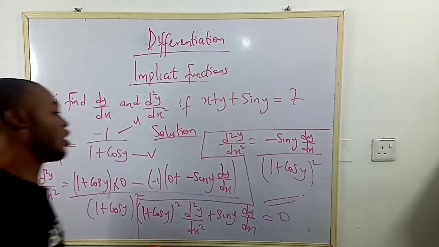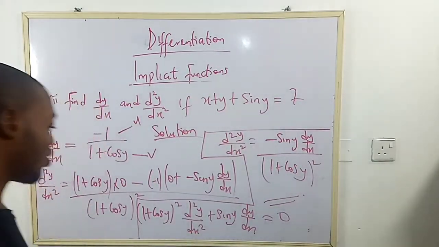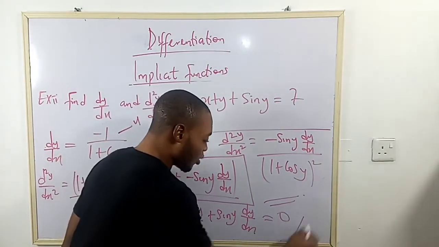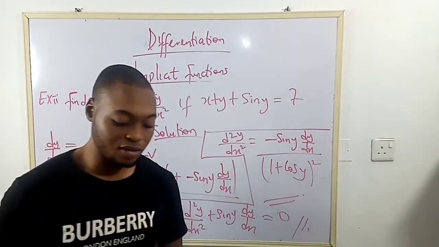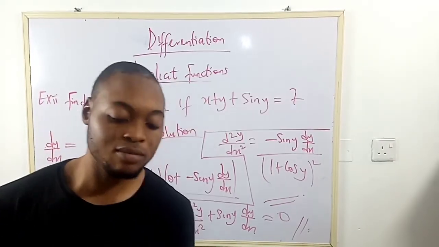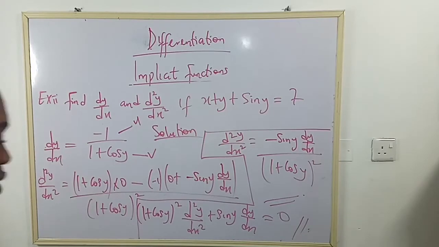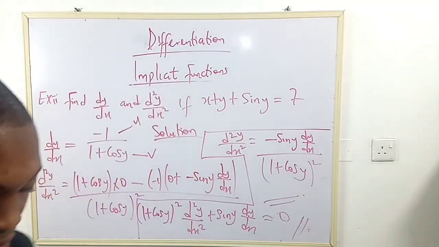So I multiply this by this and bring this to this side, and it becomes a second order differential equation. We're going to get to that on this channel, I hope so. We'll get to the differential equation, first order, second order, and how to solve the differential equation.